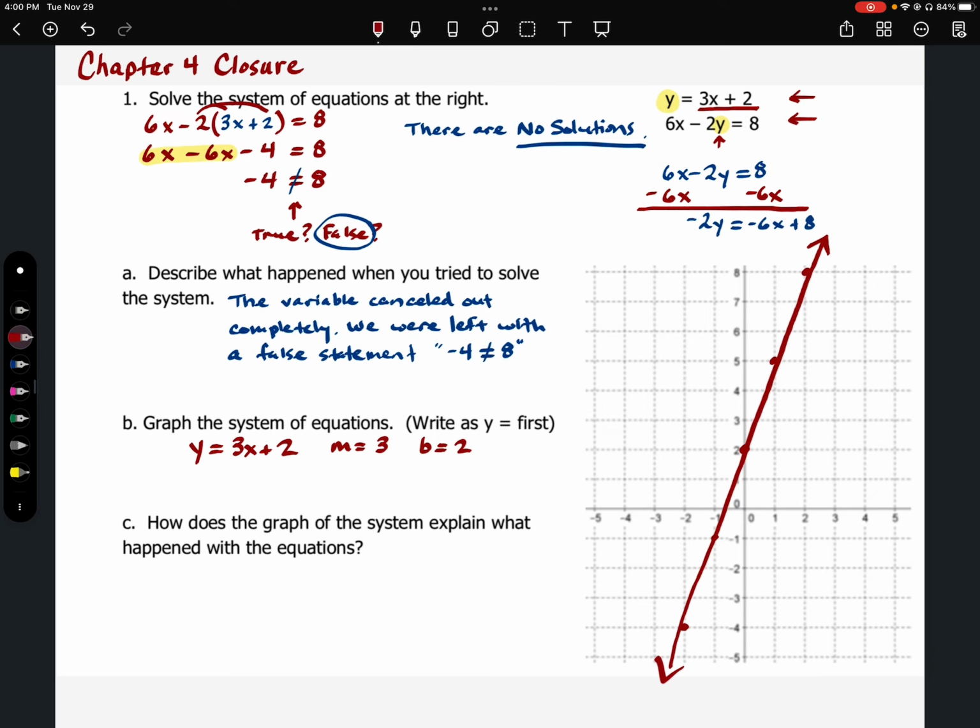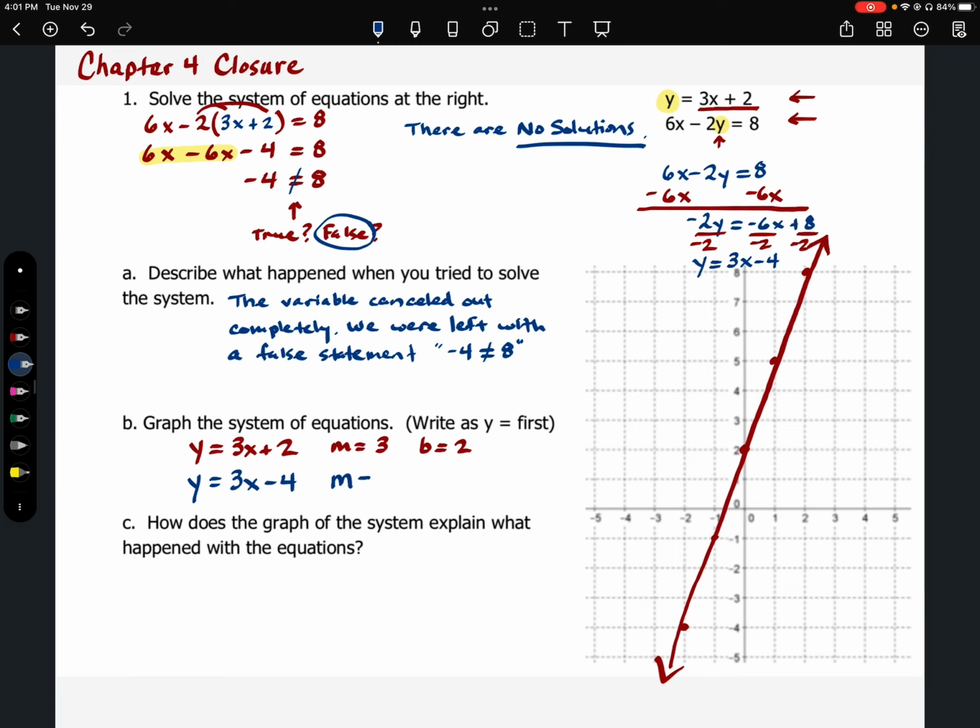And then we need to divide everything by negative 2. So make sure you're careful with those negative signs. And what we end up with is y is equal to negative 6 divided by negative 2, which is positive 3x. And then 8 divided by negative 2 is negative 4. So we have the equation y is equal to 3x minus 4.